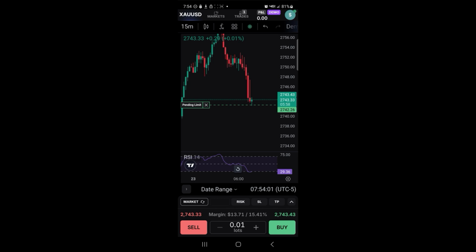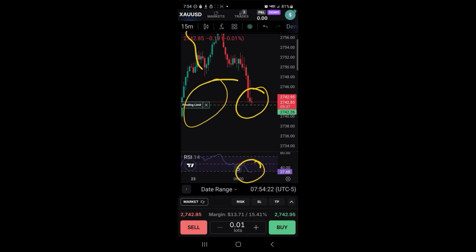So for this particular setup, I have adjusted my pending to the lowest point of the 15-minute timeline, because the RSI was already showing crossing over the lower resistance line. I could have easily just canceled this out and opened up a position, but we are already up $1.92.